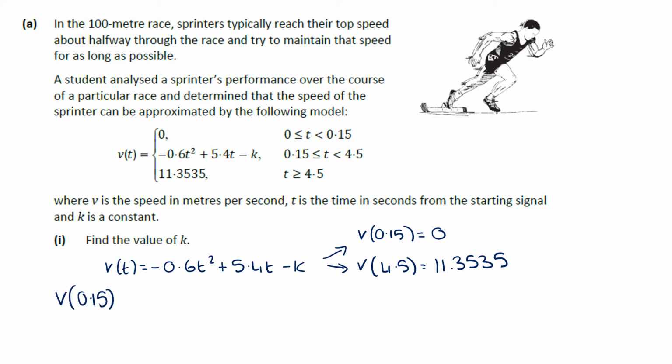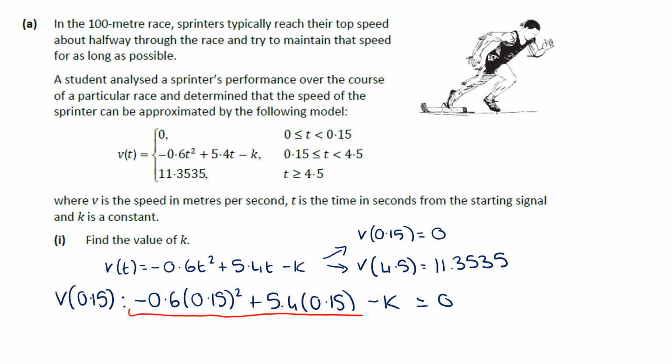0.15. So 0.15 means I'm going to sub in minus 0. Watch that minus when the negative is in the front. It's so easy to lose it. So minus 0.6 times 0.15 squared plus 5.4 times 0.15 minus your k equals 0. So let's put these two terms straight into the calculator.